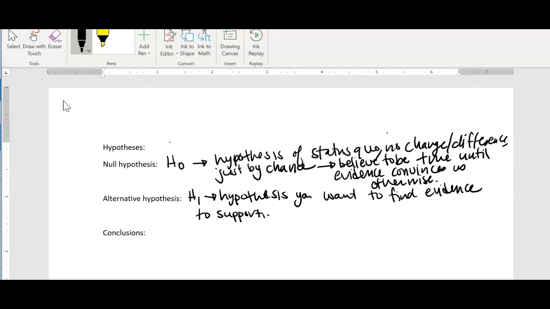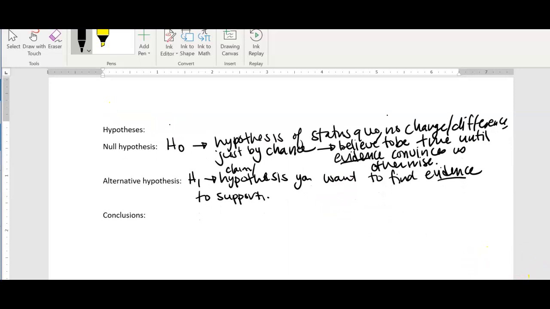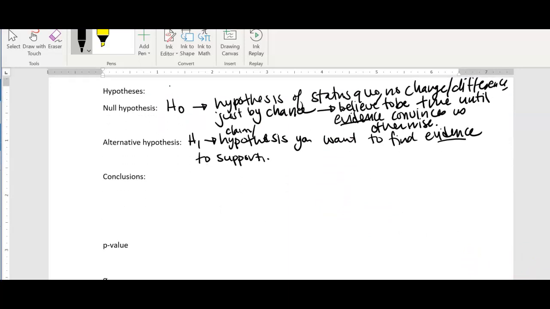This is the claim that you want to find evidence to support. So here we have this word evidence in both of these. And the evidence is going to be your p-value.